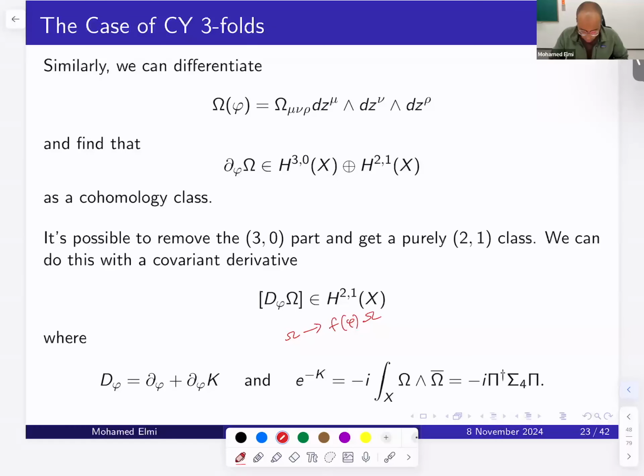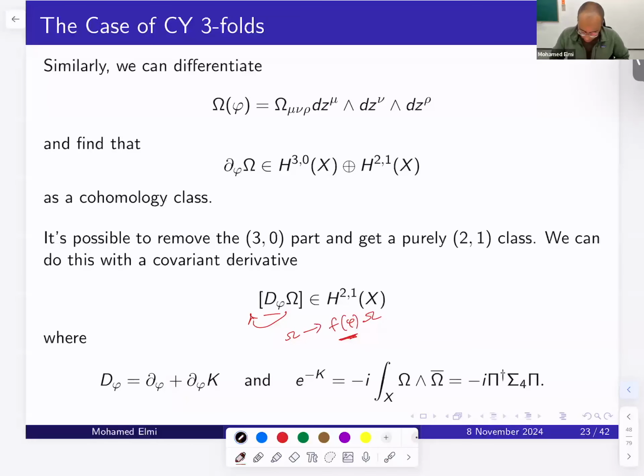And differentiating these things that have gauge transformations should be done with the covariant derivative. And that's what this covariant derivative does. This rescaling commutes through this covariant derivative. And as it's the same one that we saw earlier, the connection here is given by the derivative of some Kähler potential. And the Kähler potential you can compute from the periods. So everything comes from these periods.